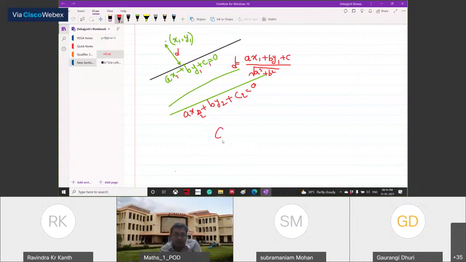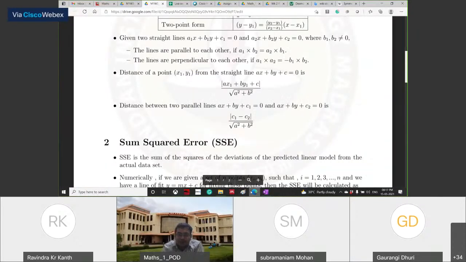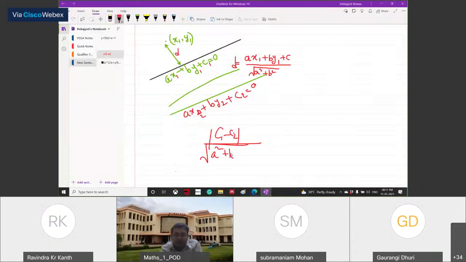Then the distance is |c1 minus c2| divided by root over a square plus b square.